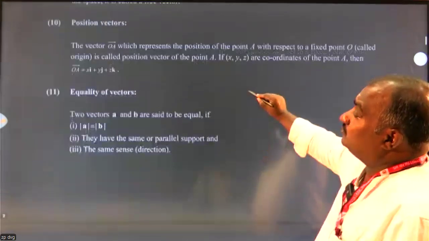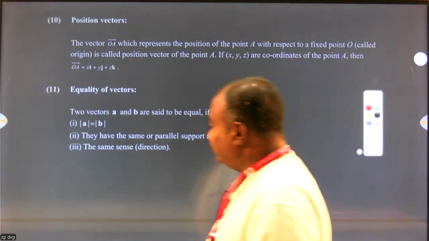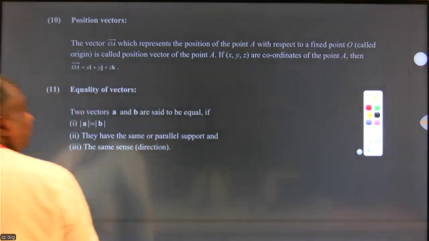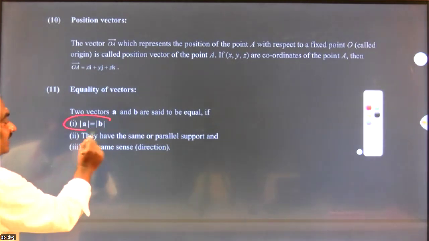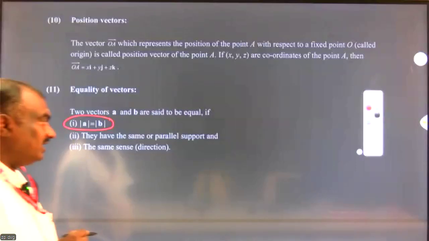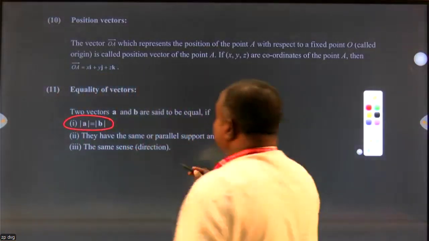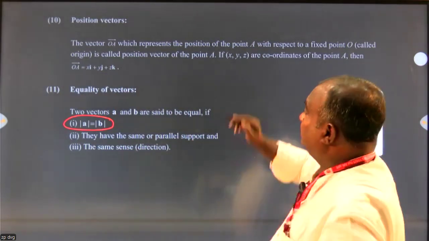Another condition: when are two vectors said to be equal vectors? There are three conditions. First, the magnitude should be equal. But magnitude equal alone is not enough.